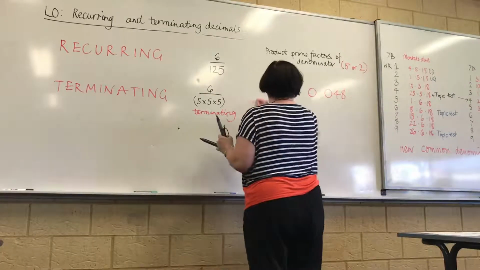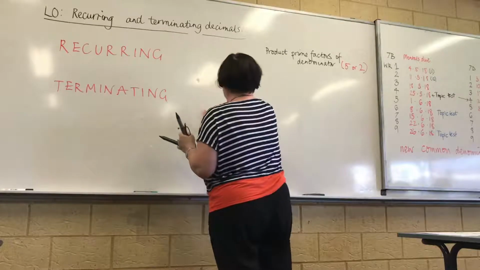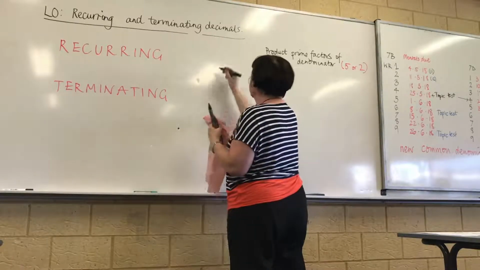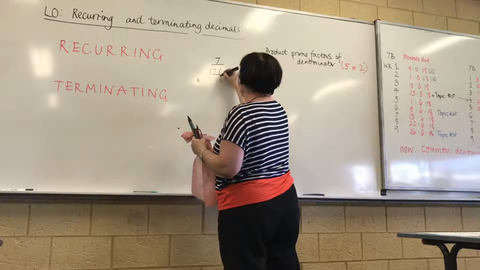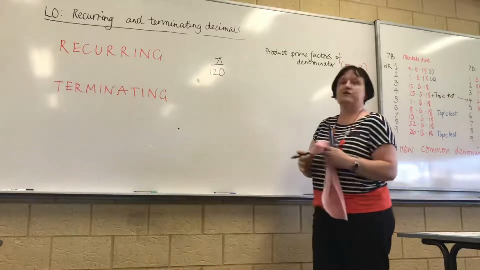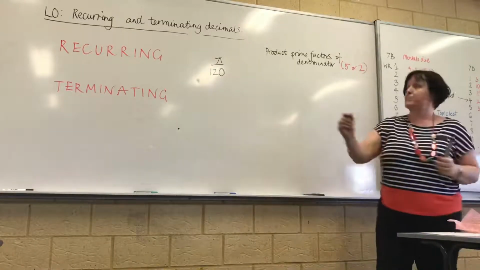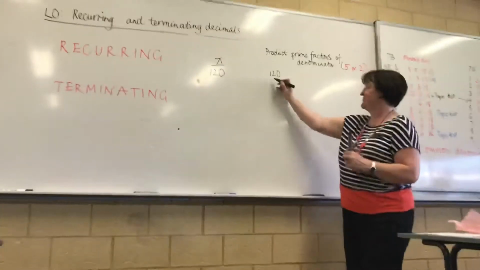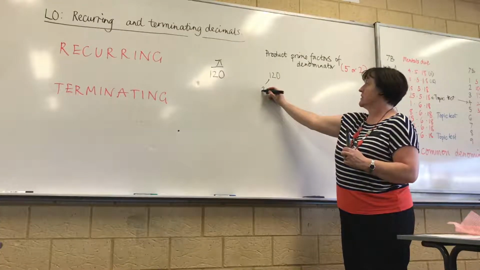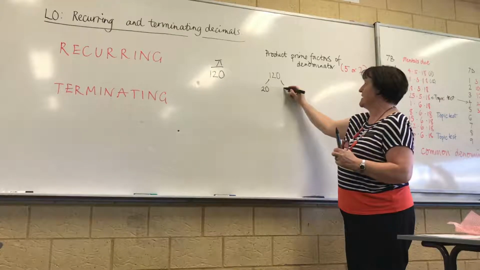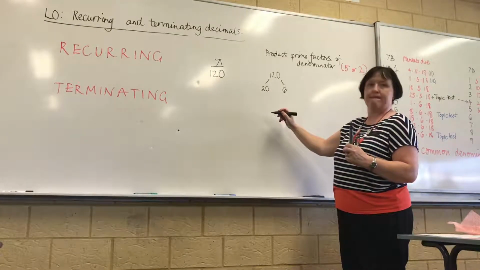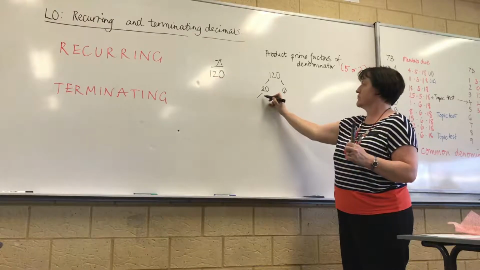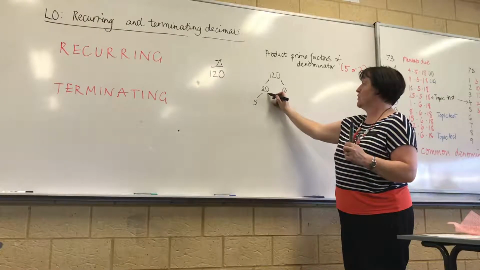71 over 120. So, what's the product of the prime factors of 120? 20 and 6. And then for the 20 it'd be 5 and 4.